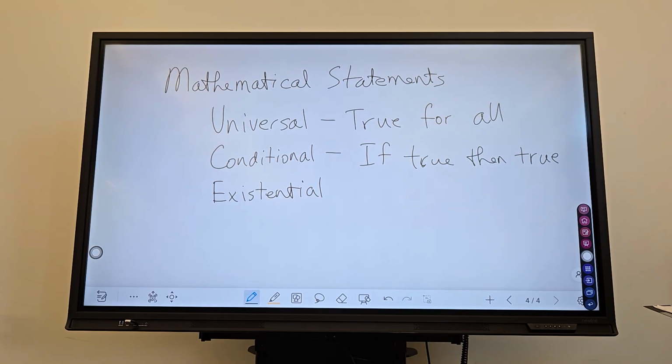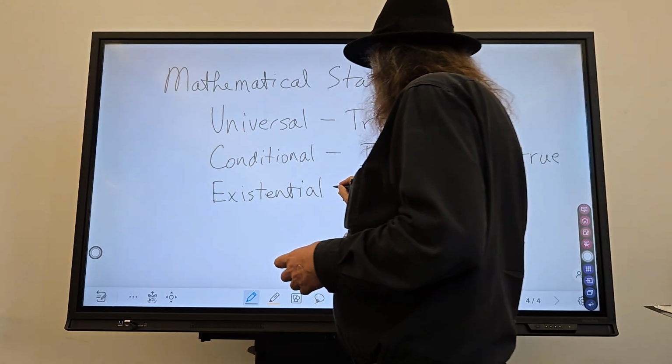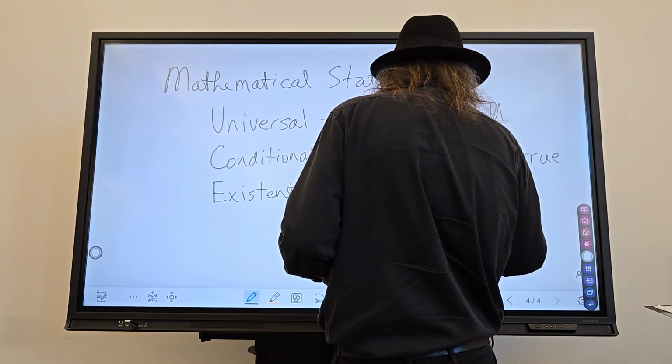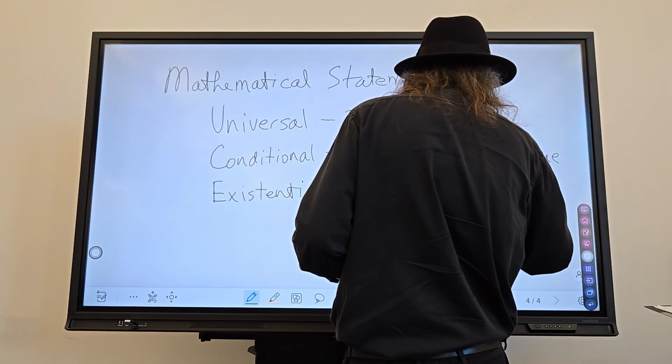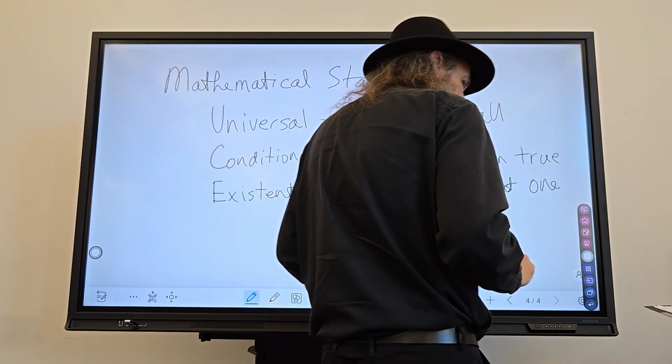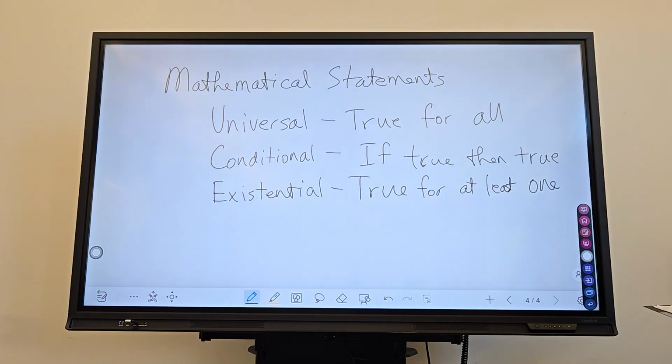An existential statement is true for at least one. So the first example I gave a little bit ago: does there exist a number such that the sum of the squares equals the square of the sum?